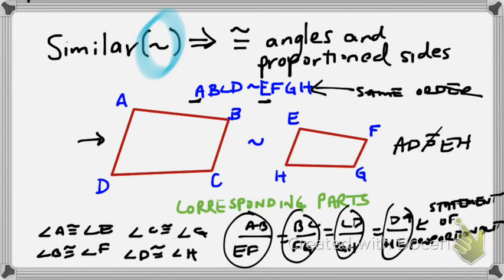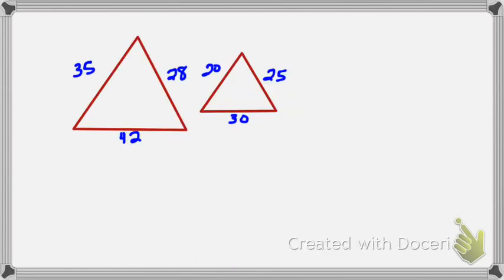Okay? So let's take a look more in depth at that. So here, you have a triangle that has sides of 35, 42, and 28. You have another triangle that has sides of 20, 25, and 30. So let's assume for this particular example that these two triangles are similar.